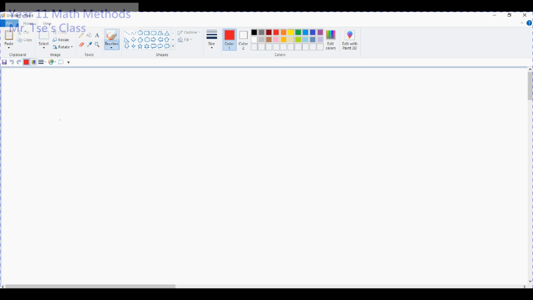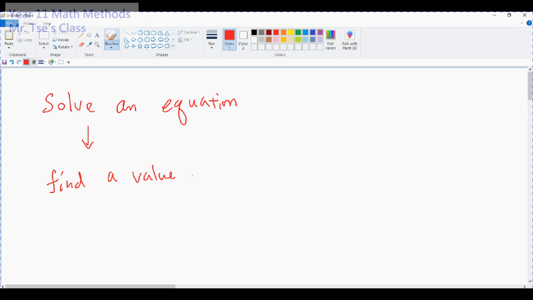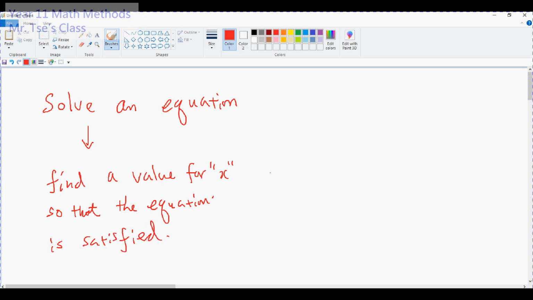So when we see in math, when we say solve an equation, that usually means you need to find a value normally for x, so that the equation is satisfied. What does it mean?